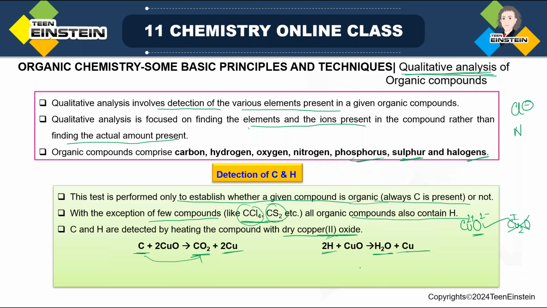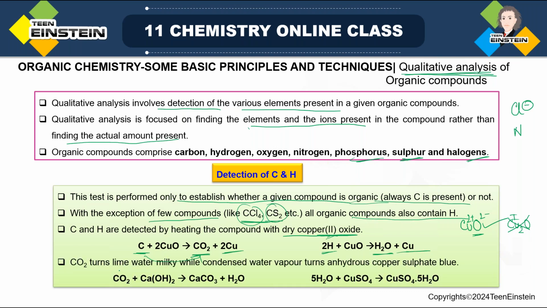Fine. Now the next question is how to know whether carbon dioxide is generated or water is generated. You can understand that by doing this test. We know that carbon dioxide has this property, it can turn lime water milky. Lime water is Ca(OH)2 solution, calcium hydroxide solution.